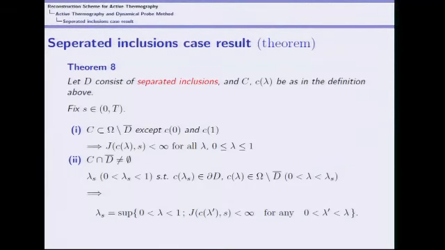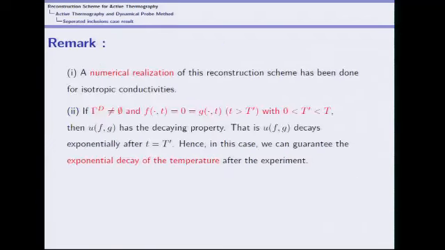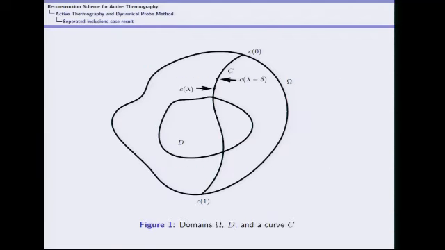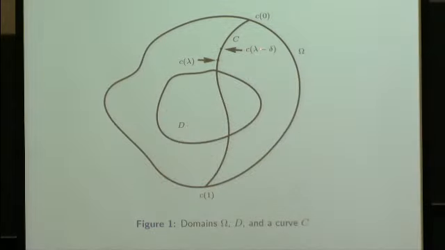Okay, so we can use this theorem to get this intersecting point. That is, we move this C lambda starting from C0, and we observe how the indicator function is behaving. And then we will know at this first hitting point that the indicator function will blow up.